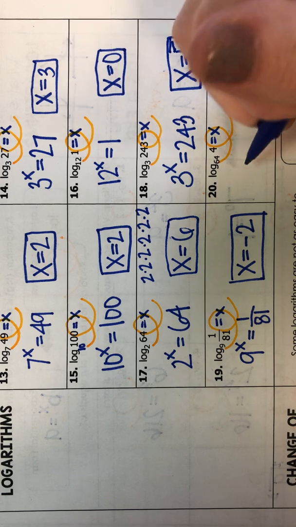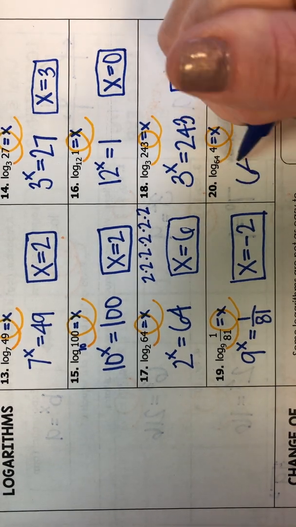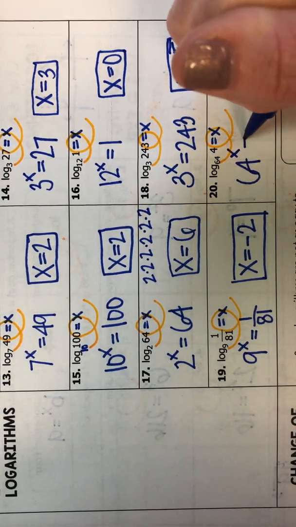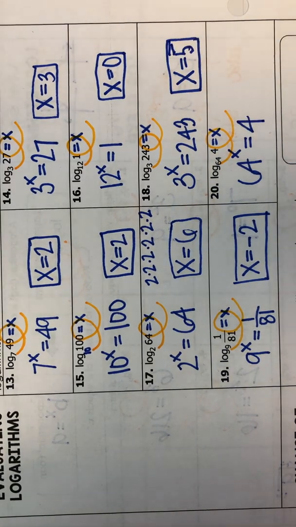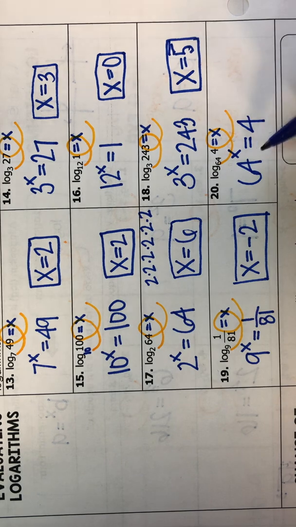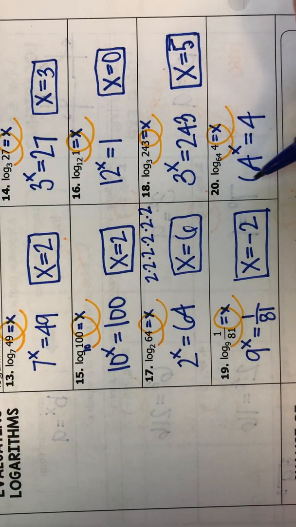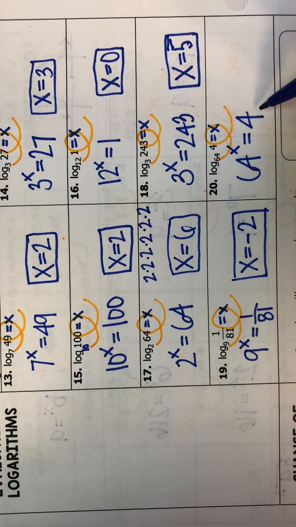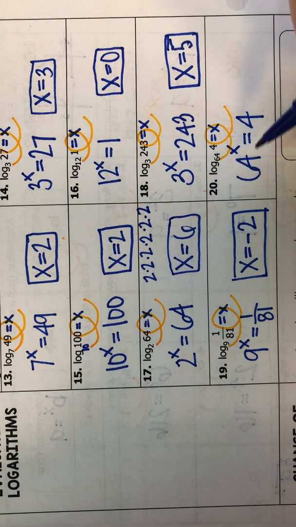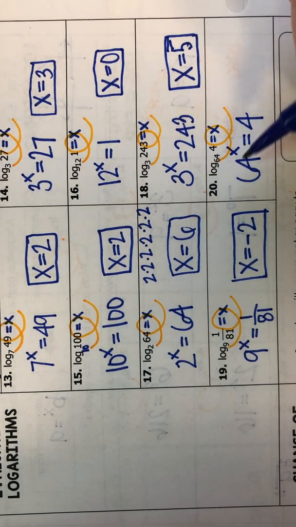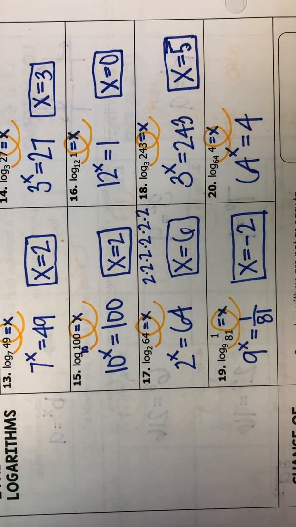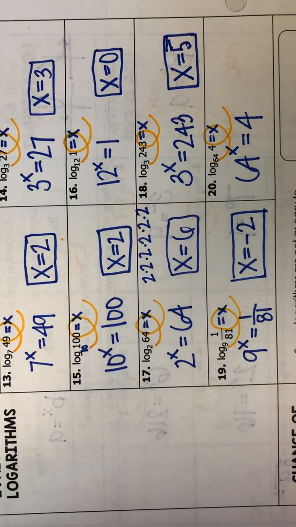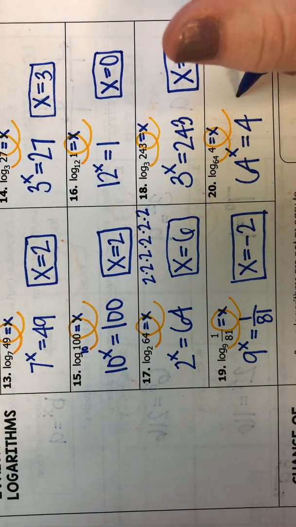All right, and then next I have 64 raised to the x power equals 4. Okay, so right here I want you to notice that my number got smaller this time. It appeared on all the other ones that my number got bigger. So if my number is getting smaller, there's probably going to be a fraction as my exponent, okay?